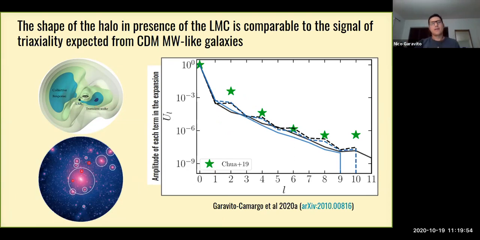So this is saying that in a cosmological halo, you have many accretion events that create these distorted shapes, but the LMC, with just one pericenter, can induce distorted shapes that could mimic the level of triaxiality that we are measuring in cosmological halos. So this creates a challenge if we want to compare the LMC and the Milky Way halo with the theory. We really need to characterize the shape distortions caused by the LMC.